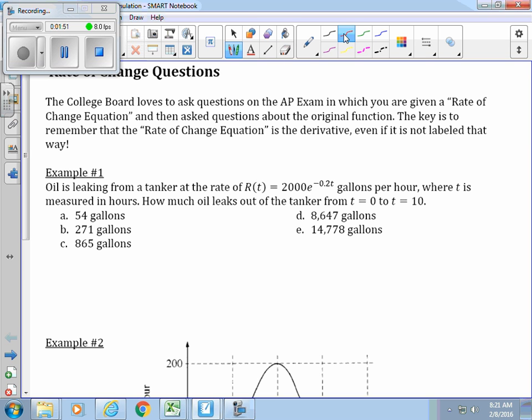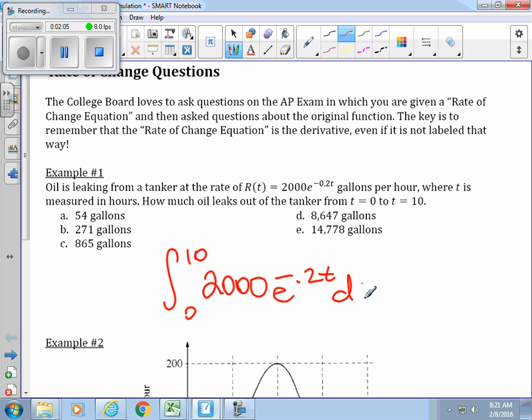So how would you find how much has leaked out from time 0 to time 10? Do the integral from 0 to 10 of the rate. Now, this one to me looks like a calculator problem because I don't think they're going to make you do e to the 10th power by hand.